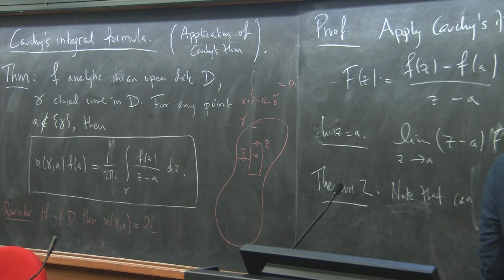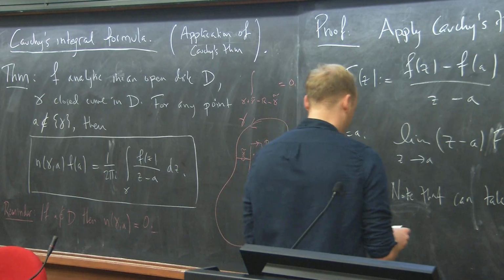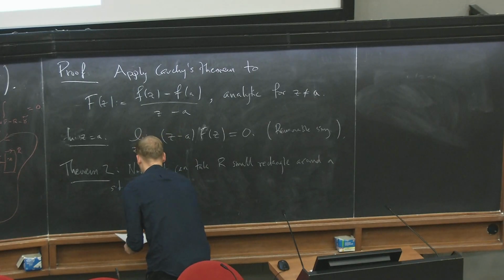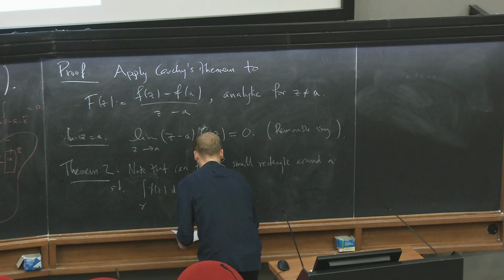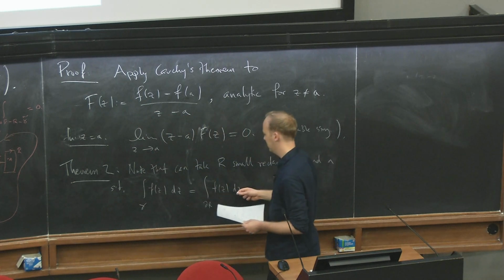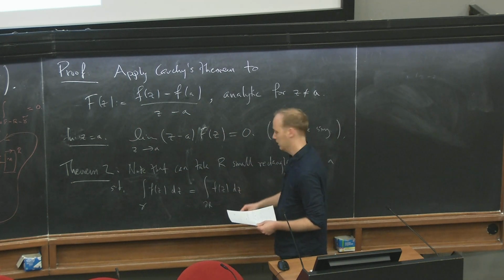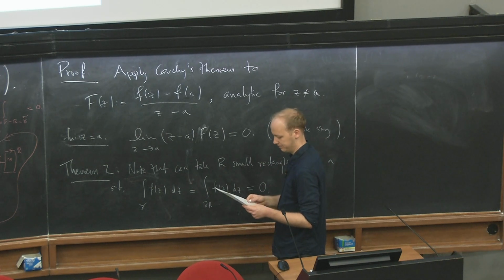So the small rectangle around my point A, such that the integral of gamma f of z dz is equal to the integral along the boundary of this rectangle, first of all. So this was this picture. But also this, now by theorem 2, this is equal to 0 as well, right?